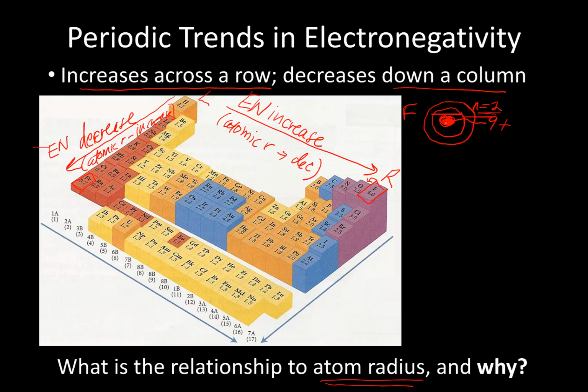Fluorine has the smallest atomic radius because it's got a high charge and an n equals 2 energy level. But that means it has the highest electronegativity.